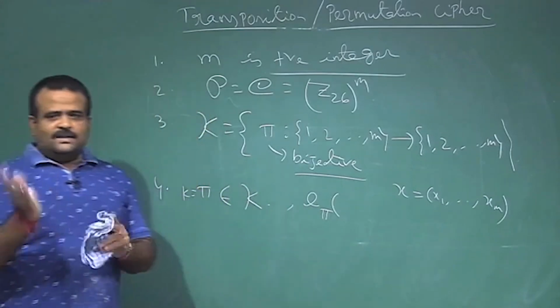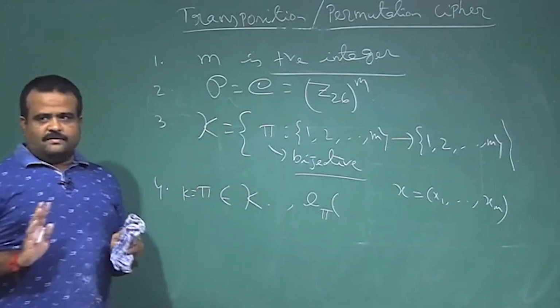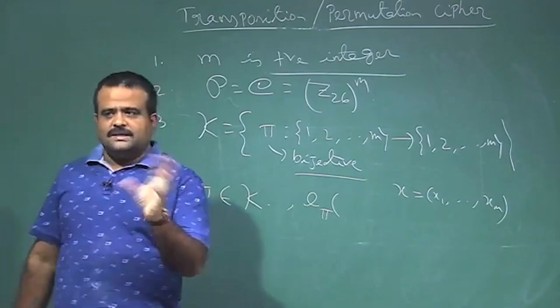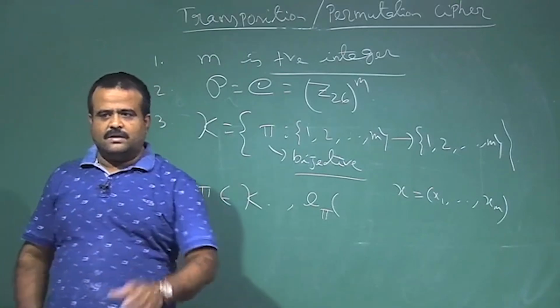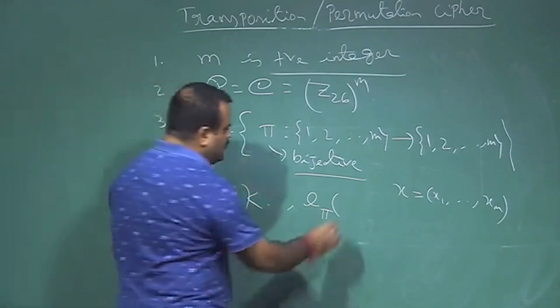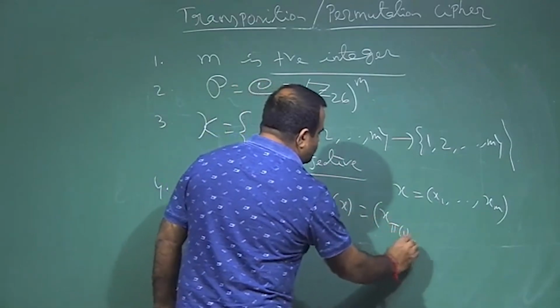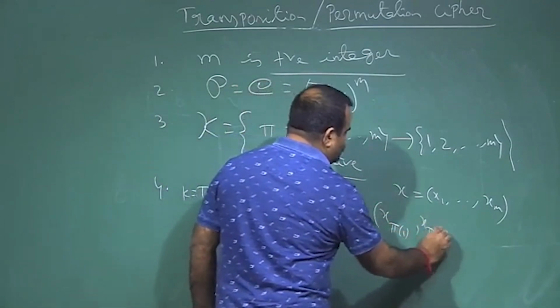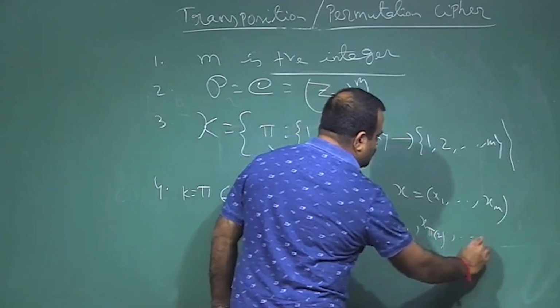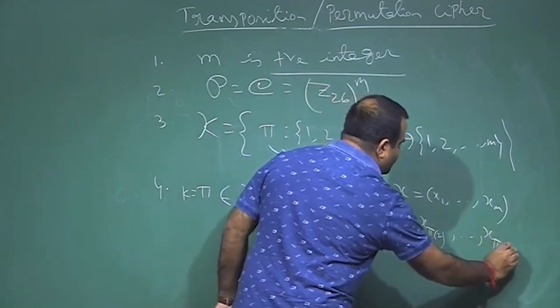So, this is basically a shuffling of the positions. E of x is basically x phi of 1, x phi of 2, up to x phi of m.